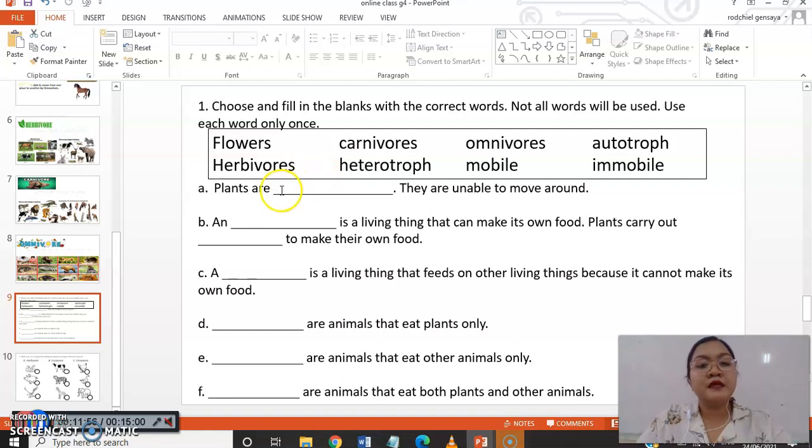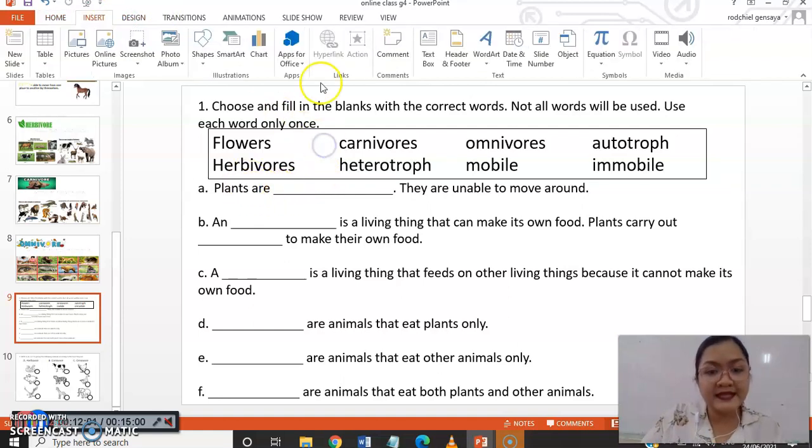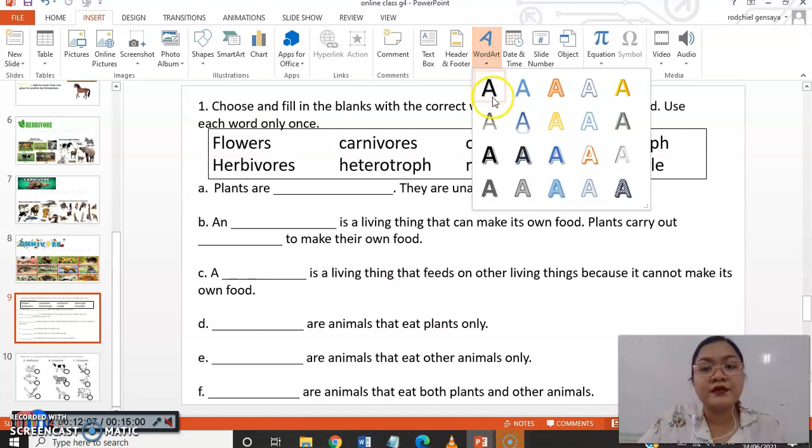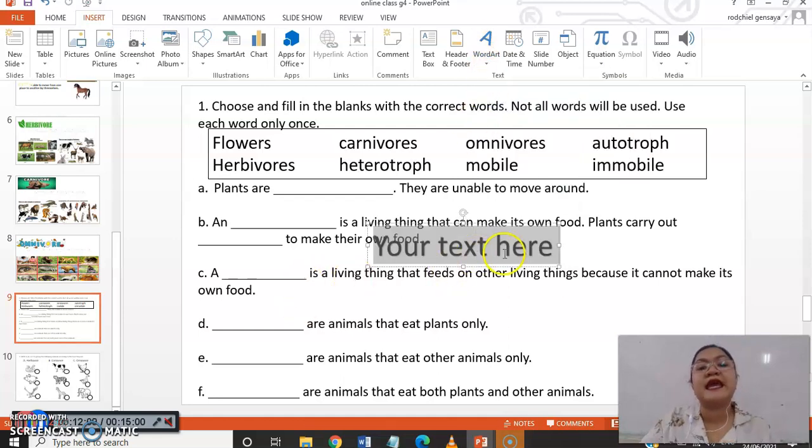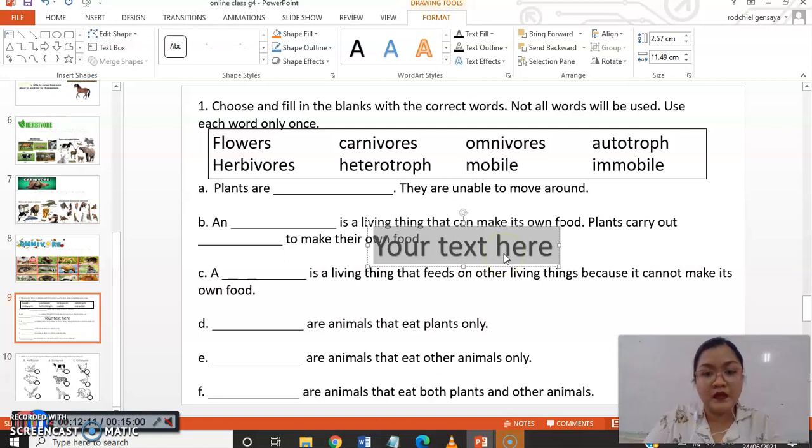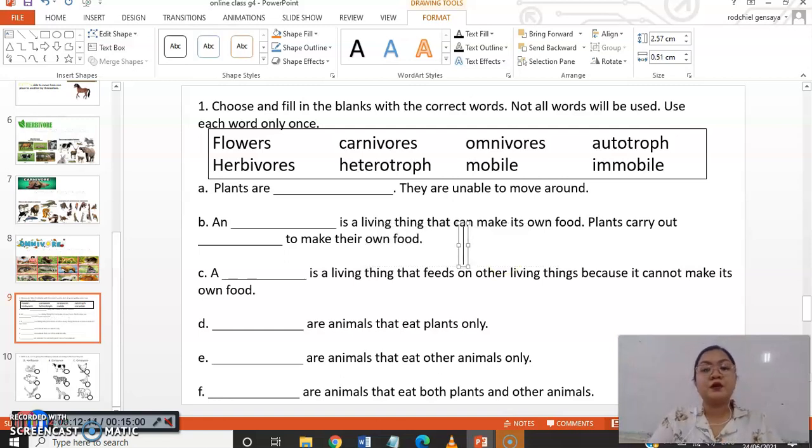For example, letter A, plants are blank. They are unable to move around. What do you call the living things that cannot move?